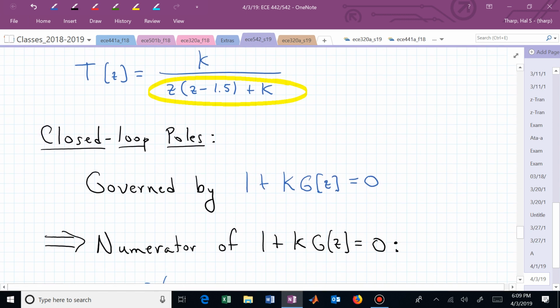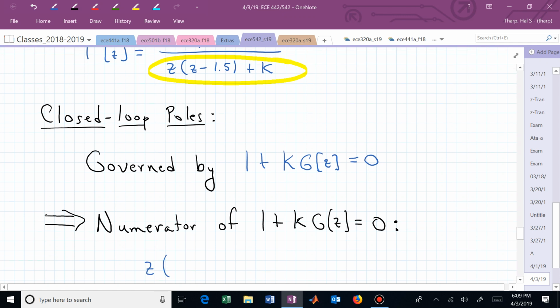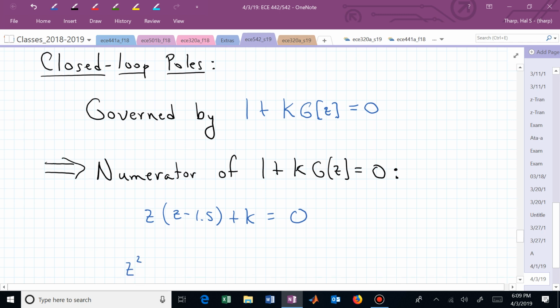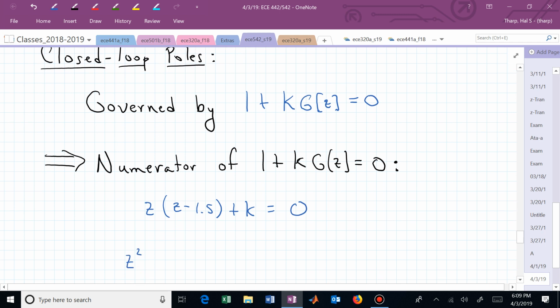That's what I'm meaning by the numerator of 1 plus kg of z, setting that equal to 0. In our case, that's this z times z minus 1.5 plus k equaling 0. Or if we multiply it out, we end up with z squared minus 1.5z plus k equaling 0.